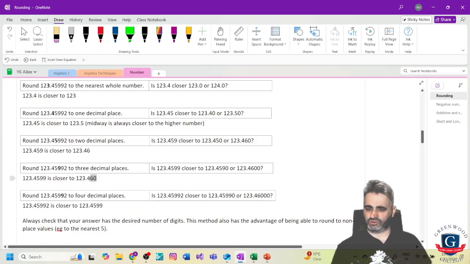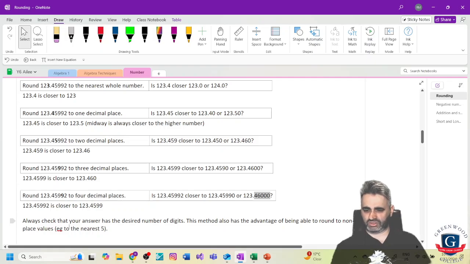Now I can see where confusion would come between these two numbers here and this one here. It's just that the 0 can help us when we're comparing this number to find out which one's close. Then when you finish, you just take that digit off when you write your answer. Okay, 4 decimal places. So now we're looking at 45922, look at the digit after it. So is this number here closer to this one or that one?